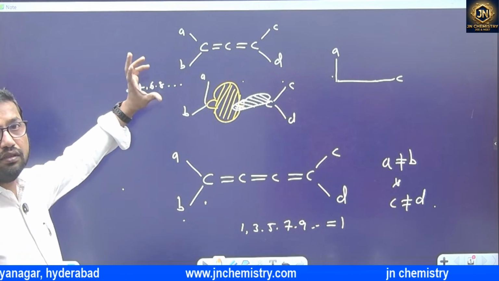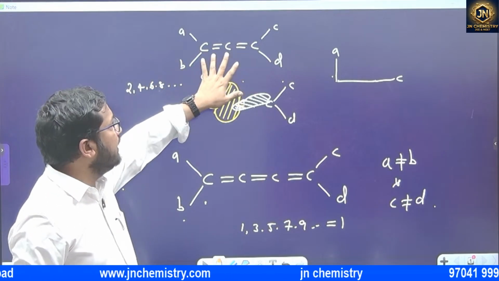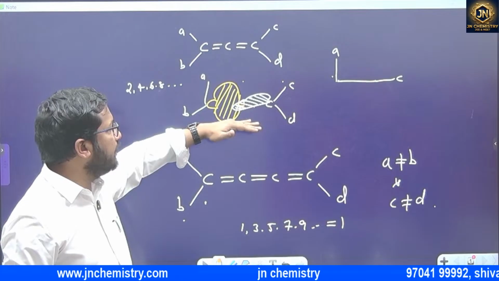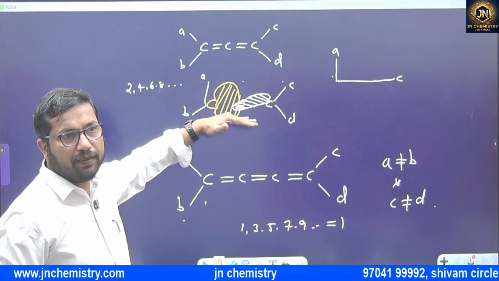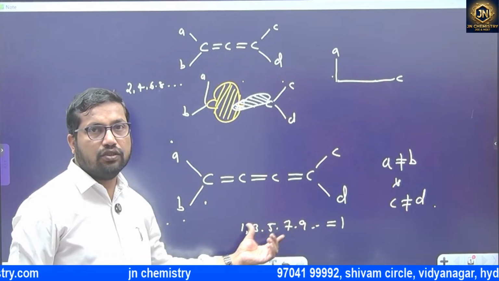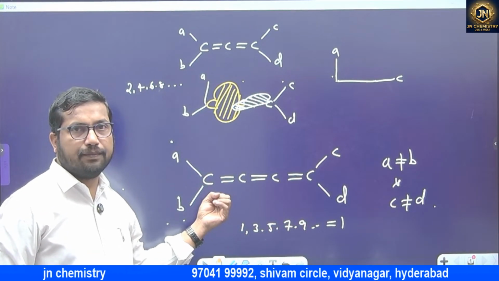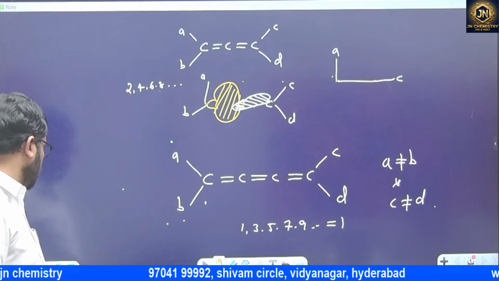Right. So once again I'm telling you, in case of an even number of allenes, both ends are perpendicular to each other, so they won't show geometrical isomerism. Odd numbers of double bonds, 1, 3, 5, 7, 9, those cases will show geometrical isomerism. Got it?